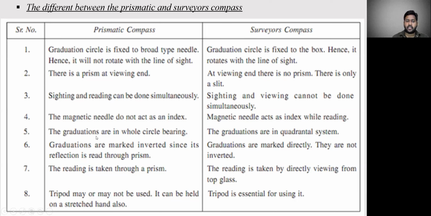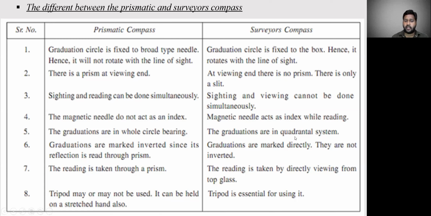In the prismatic compass, the graduations are in the whole circle bearing system. In the surveyor compass, the graduations are in the quadrantal system. We are going to learn what whole circle bearing and quadrantal bearing are. Quadrantal bearing is also called reduced bearing.